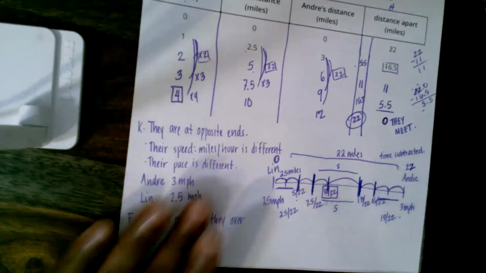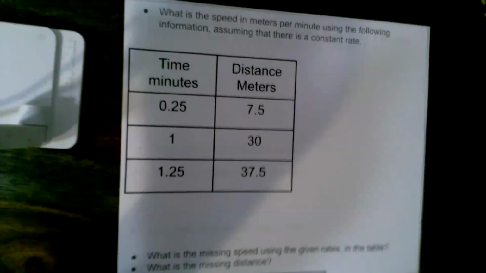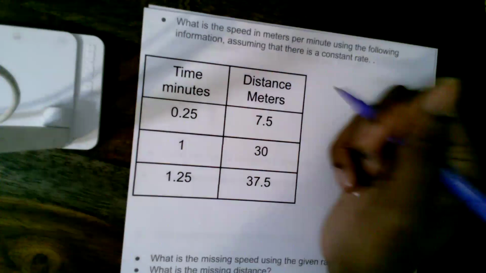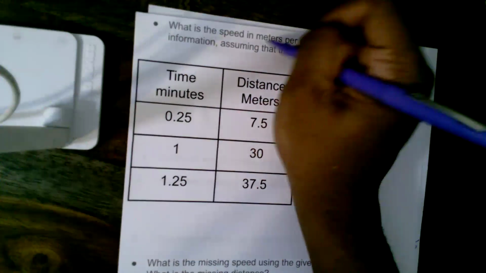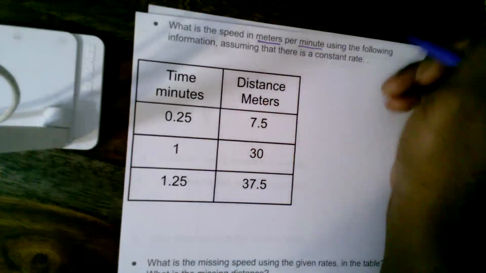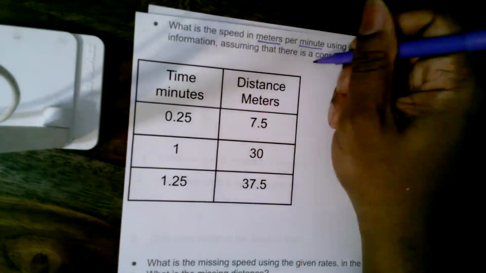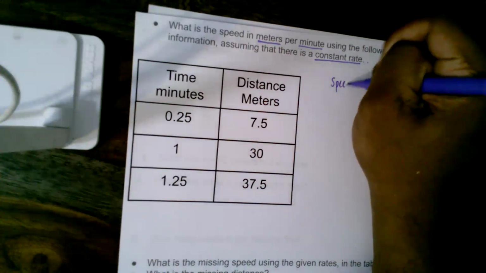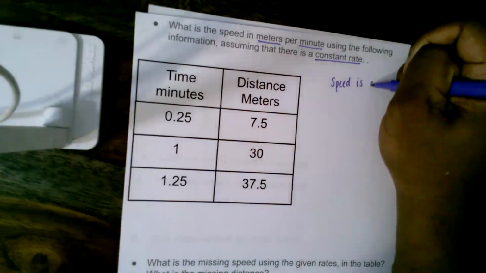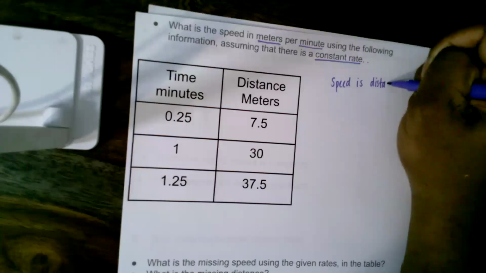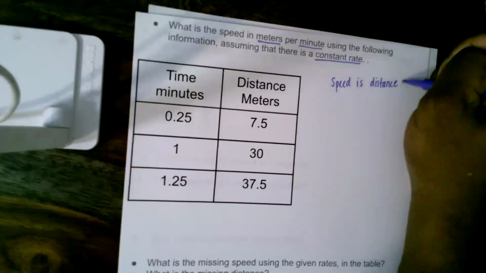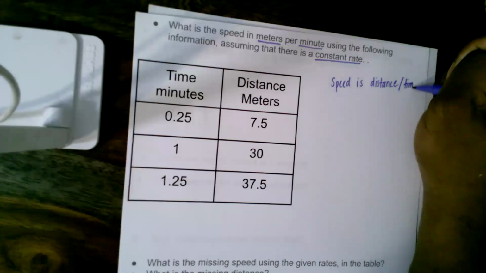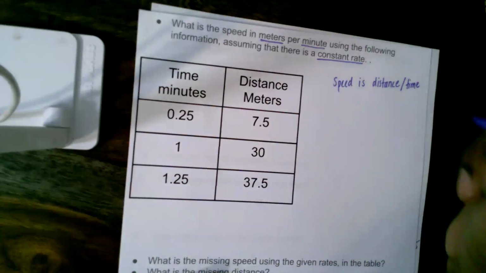All right, so here it says, what is the speed in meters per minute? Using the following information, assuming that there is a constant rate. So we know that speed is distance per time, right?